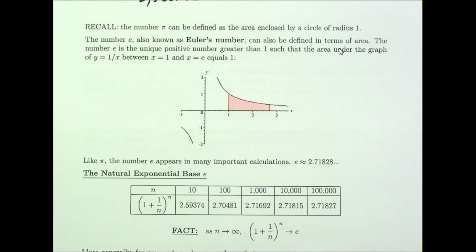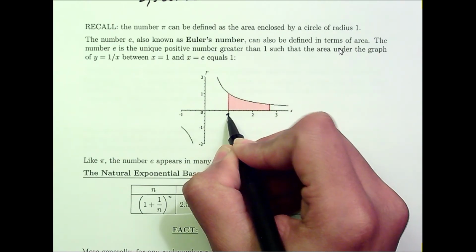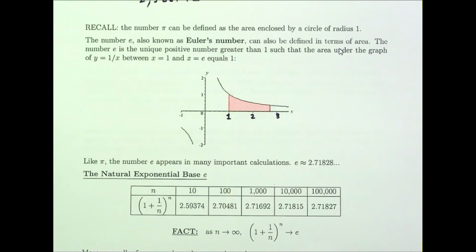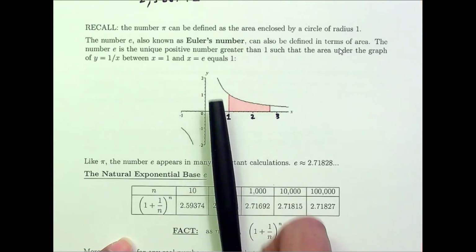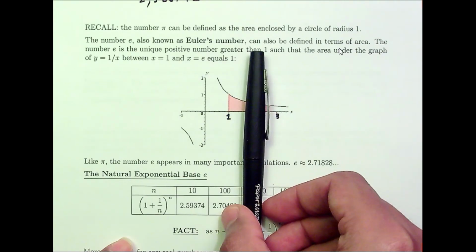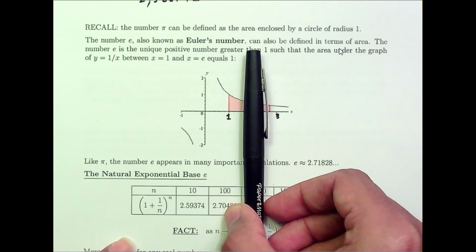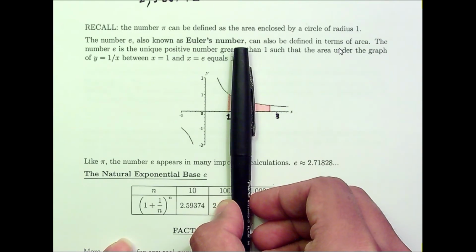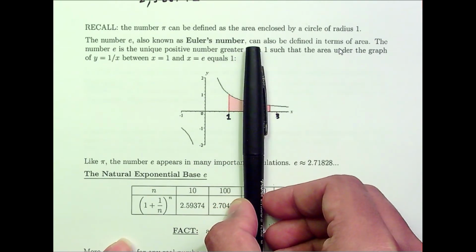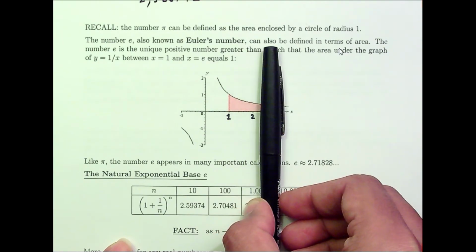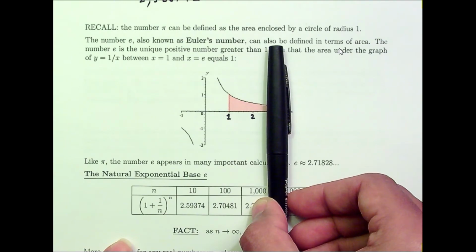And if you start at 1, so this is 1, this is 2, this is 3. If you start at 1 and consider the area under the graph between 1 and whatever number, so the shaded region, and you keep moving to the right, and you stop when that area is 1, at some point the area is going to be 1.